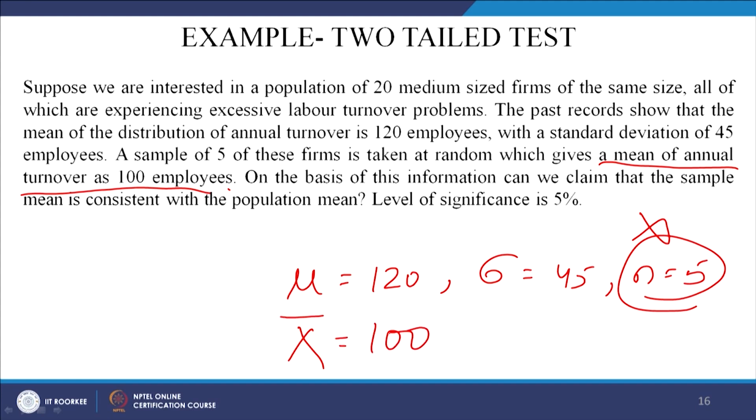So, sample mean is 100, the population mean was 120, the sample mean was 100, taking this n is equal to 5. Okay. On the basis of this information, can we claim that the sample mean is consistent with the population mean, or is it significantly different, or is it not different, right. The level of significance is 5%.